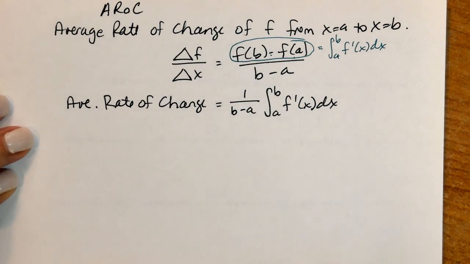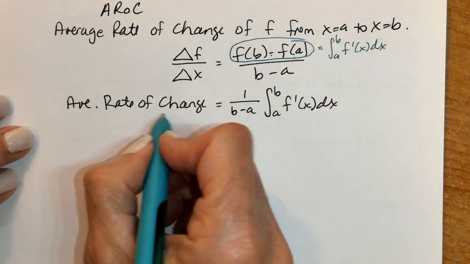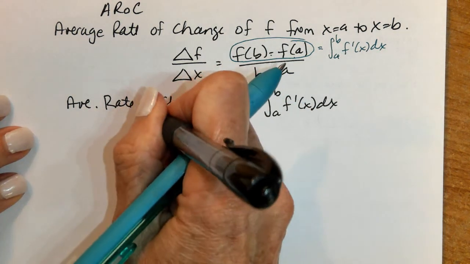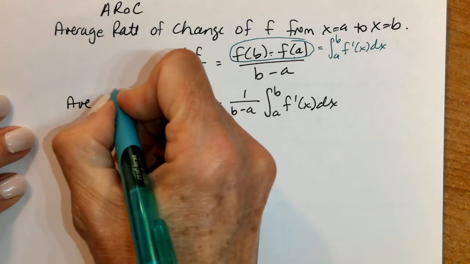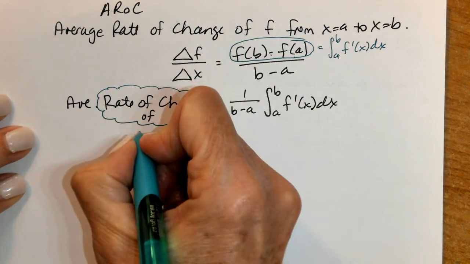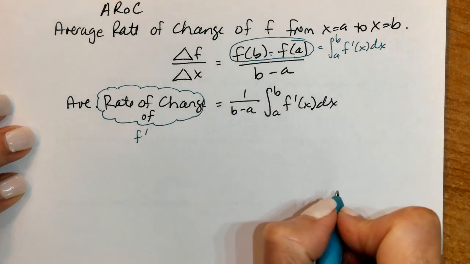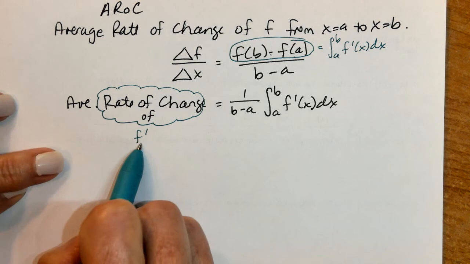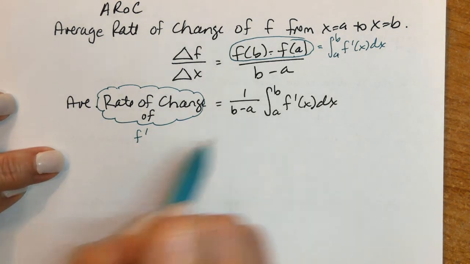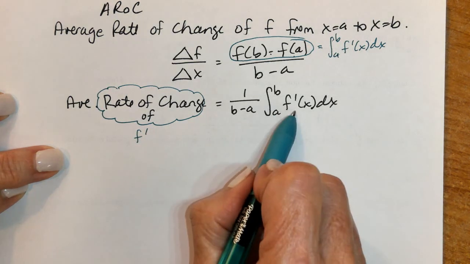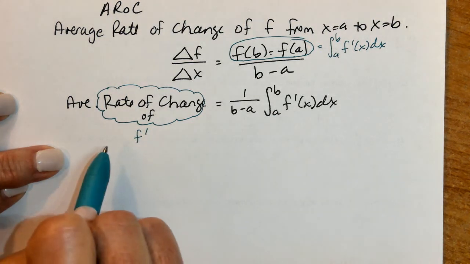Now, this is AROC, average rate of change. The rate of change of f is f prime, correct? So this says that the average f prime is this formula with f prime in it.